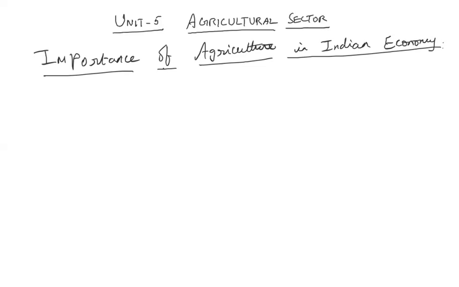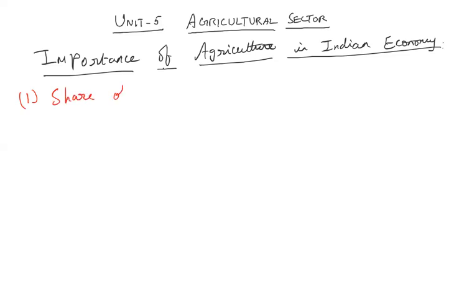To put it simply, it immediately reflects in the progress of the economy. So India even today is very much an agricultural country, and agriculture is the backbone of the Indian economy. Let us see why we are saying agriculture is very important to the Indian economy.